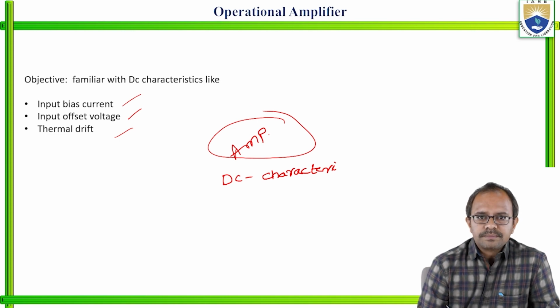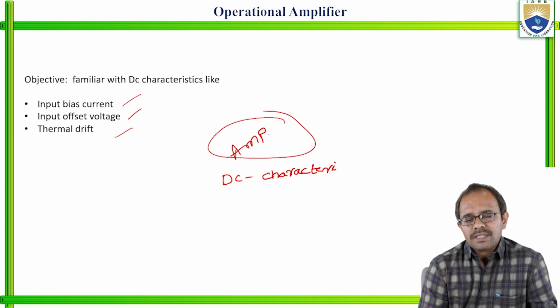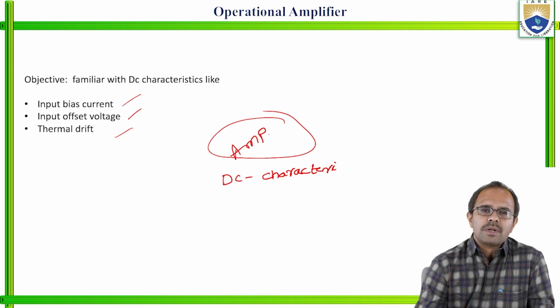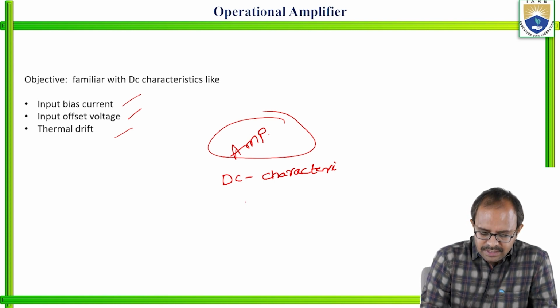If you remember, the basic amplifier circuit, or coming to the differential amplifier, what are the DC components present in the amplifier circuit? The immediate answer is nothing but the bias.